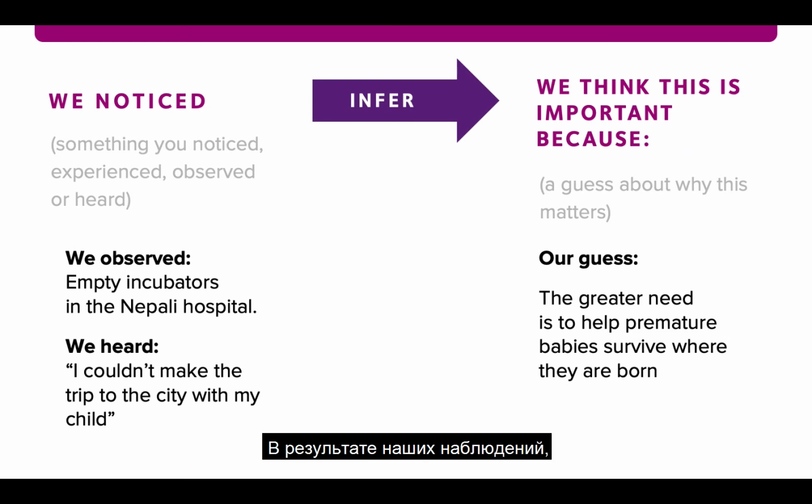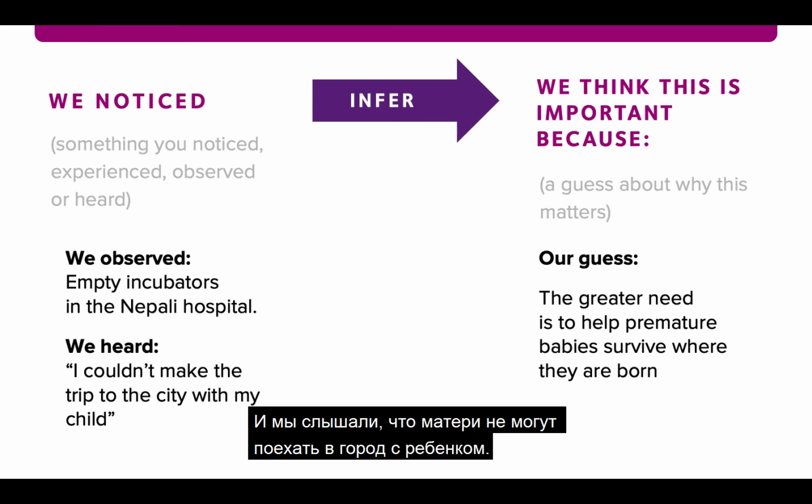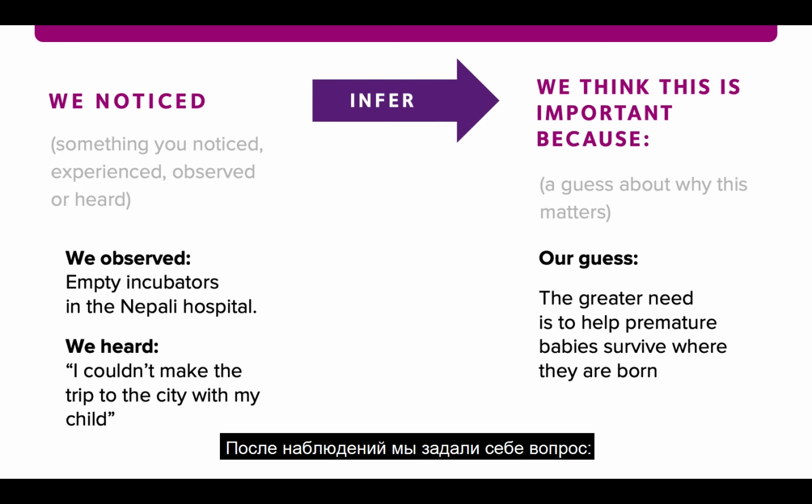Our observations were that we observed empty incubators in the Nepali hospital, and we heard, "I couldn't make the trip to the city with my child." And from those observations, we asked ourselves, what does this mean? And we infer the meaning of understanding and realizing that the greater need is to help premature babies survive where they are born.